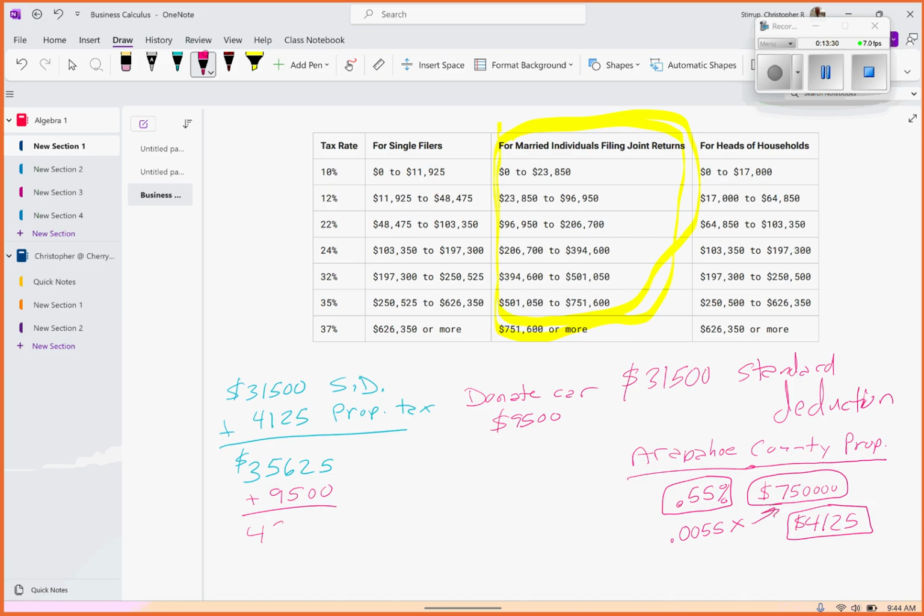Now I can offset my taxable income by $45,125. Okay? So those are just a few places that you, because of doing things in life, can lower your taxable income, meaning you owe the federal government throughout the year or at the end of the year money.